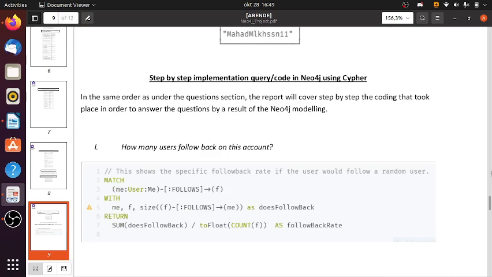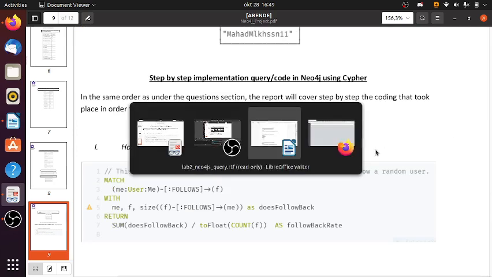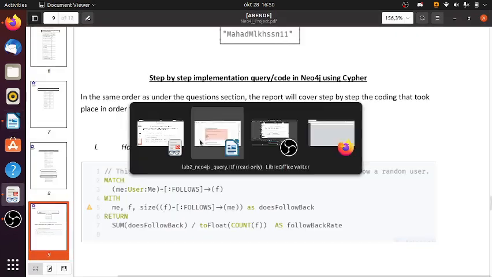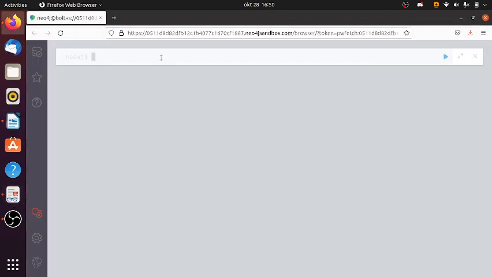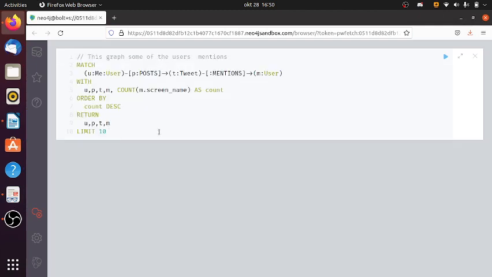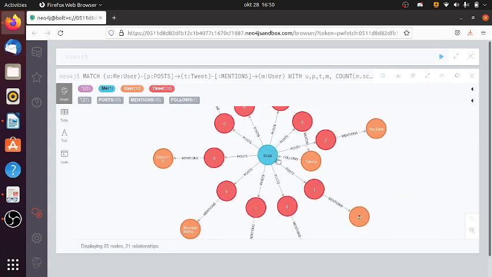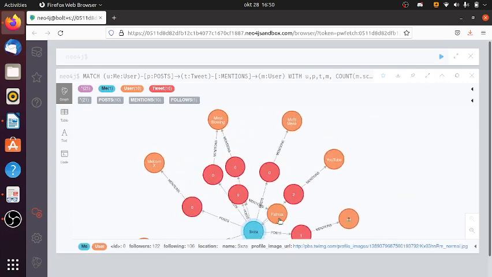And now we will demonstrate the SQL query in the Neo4j graph database. We can start by showing who is mentioning the user on Twitter. To show that, we copy and paste the query here, and then we run it, and you can see we have chosen the limit 10. So it shows the 10 users that have mentioned you specifically.